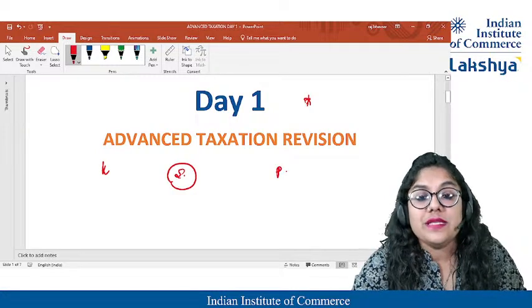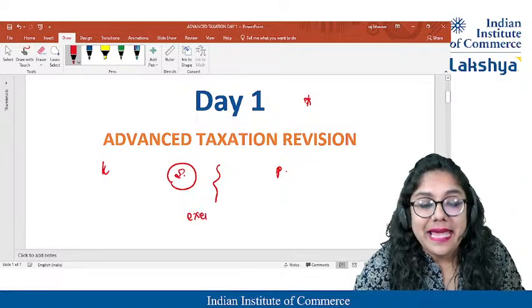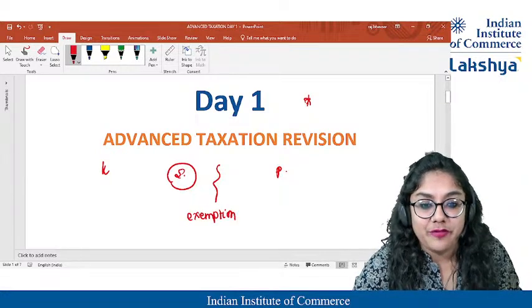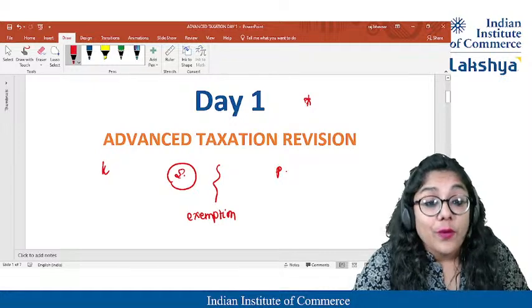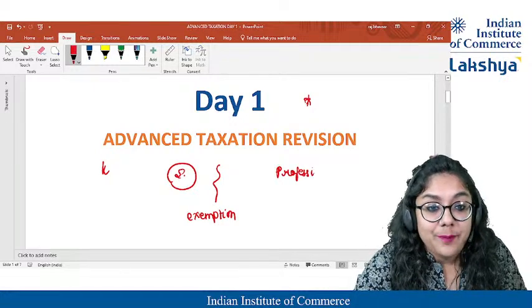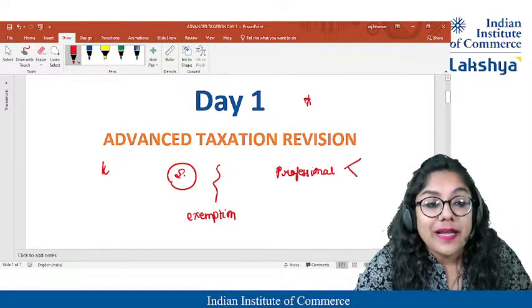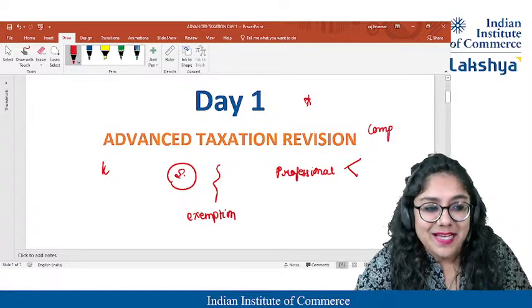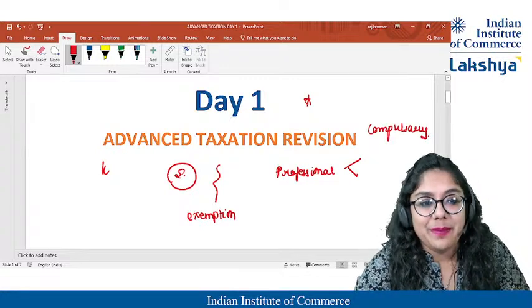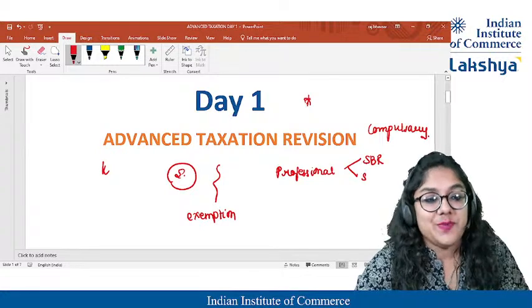Some of the students have taken up the exemptions and came up to the professional level. Once you came up to the professional level, I hope you would have given the 2 compulsory papers, which are SBR and SBL.